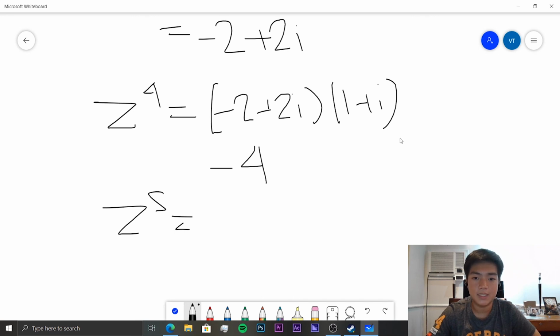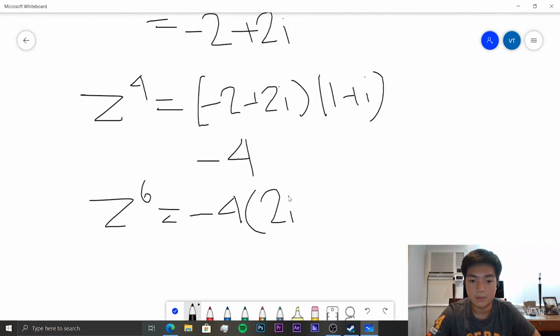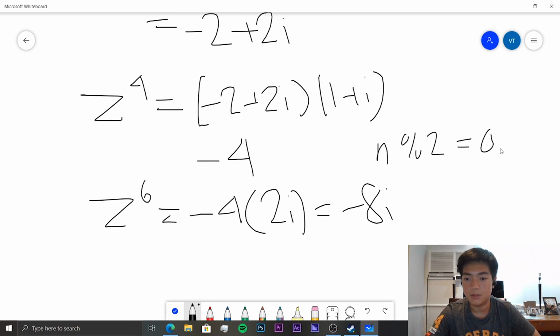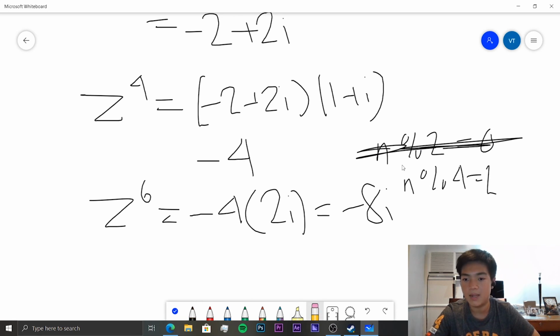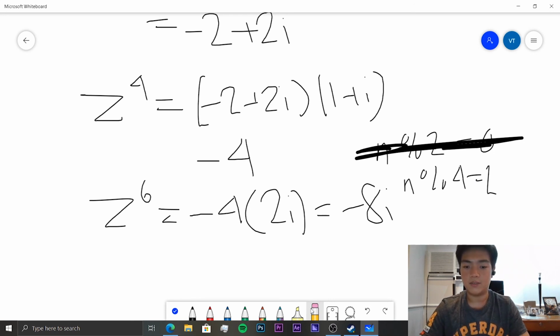And we should see this cyclical pattern because of i. We would assume that z to the 6, let's just jump to z to the 6. This would be purely imaginary, since this would be -4 times z squared, which is 2i. So -4 times 2i is -8i, of course. So for all values of n where n modulo 4 is equal to 2. That would be our values of n.